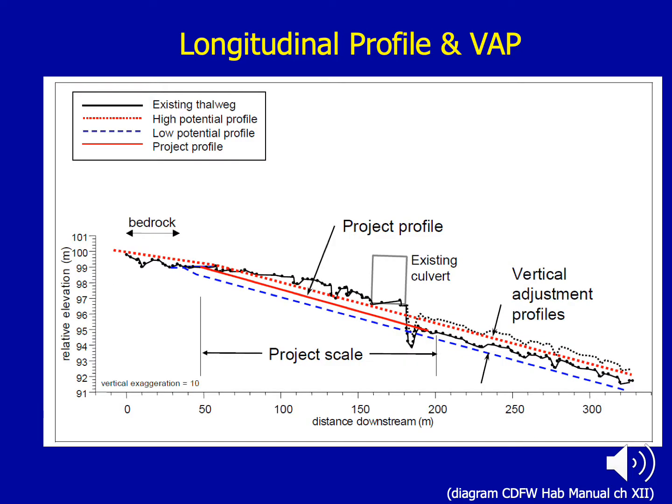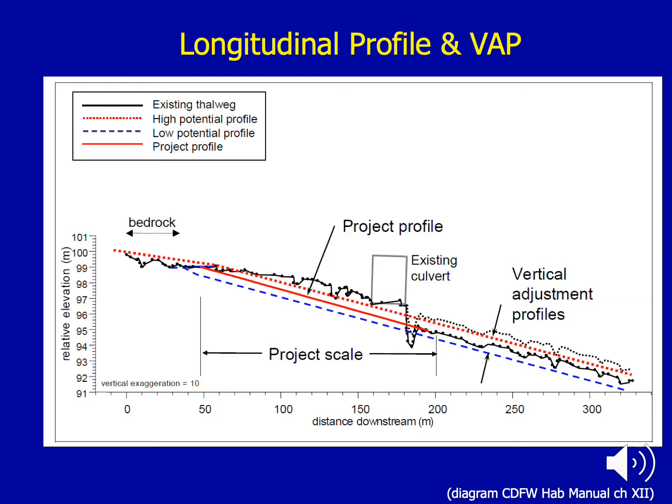In addition to the long profile, we'd like to see something called a vertical adjustment profile. This is sort of putting the bounds on your existing profile and your design long profile, where you could end up in the future.